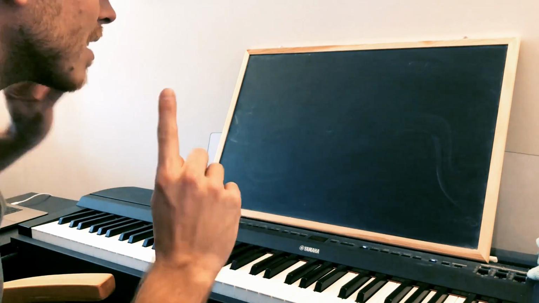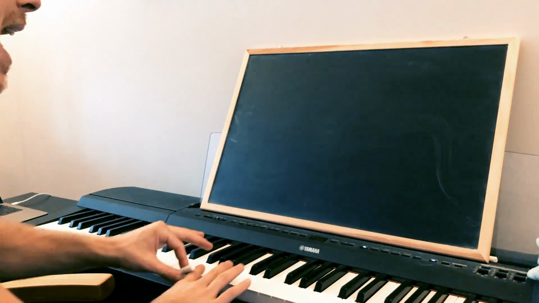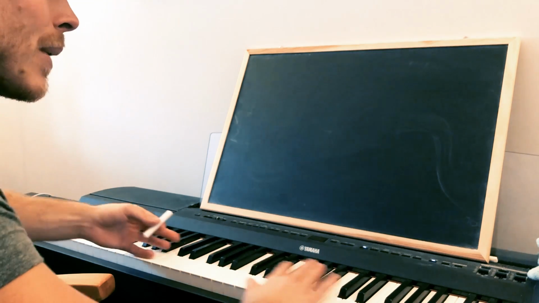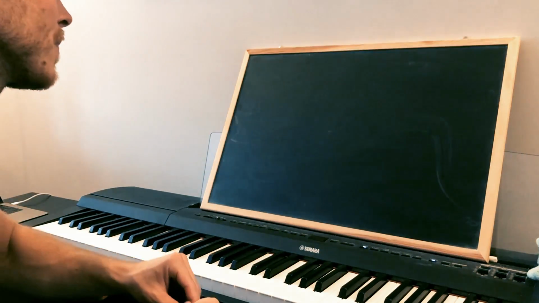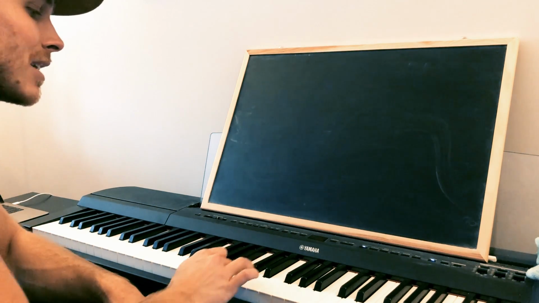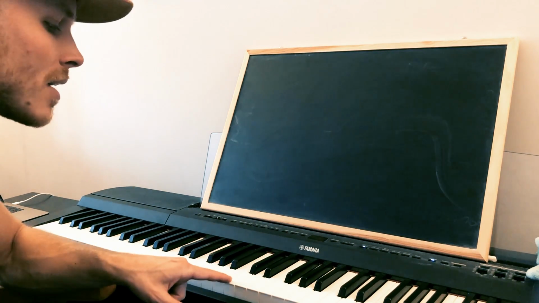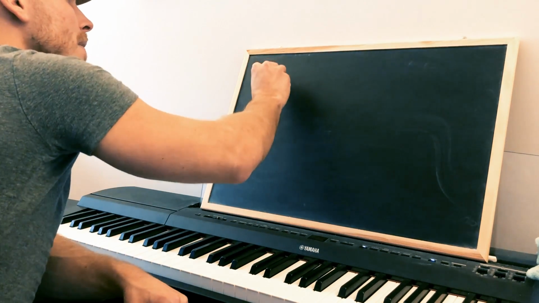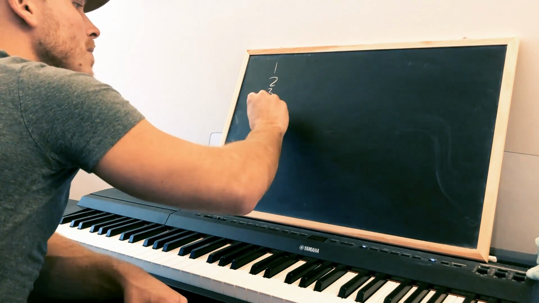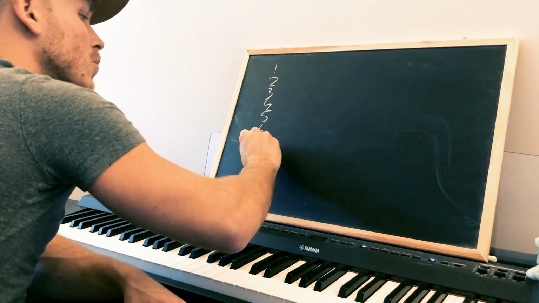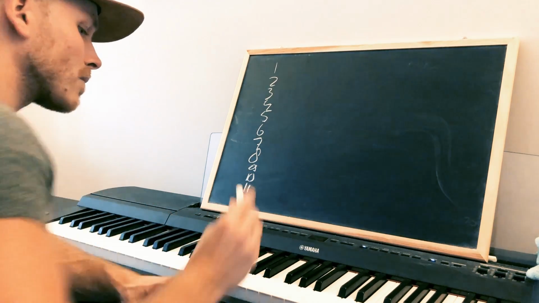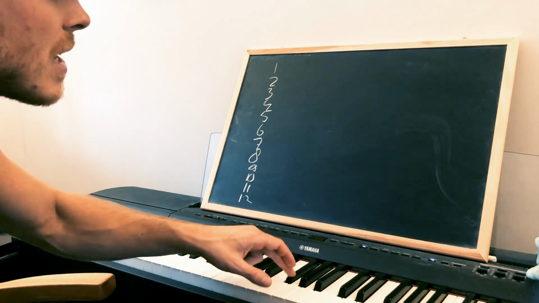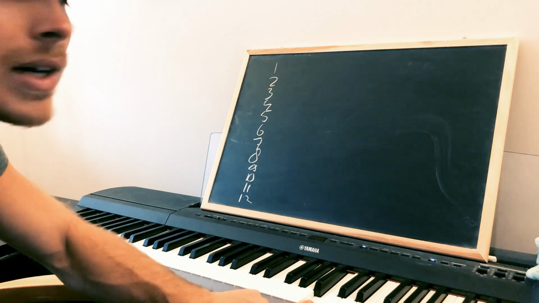So there's a discrepancy between how the piano is laid out and how it looks and how a scale actually works. If I start right here, and this is the first note, and I keep on counting, I end up on 12 notes, as I taught you before. 1, 2, 3, 4, 5, 6, 7, 8, 9, 10, 11, 12.